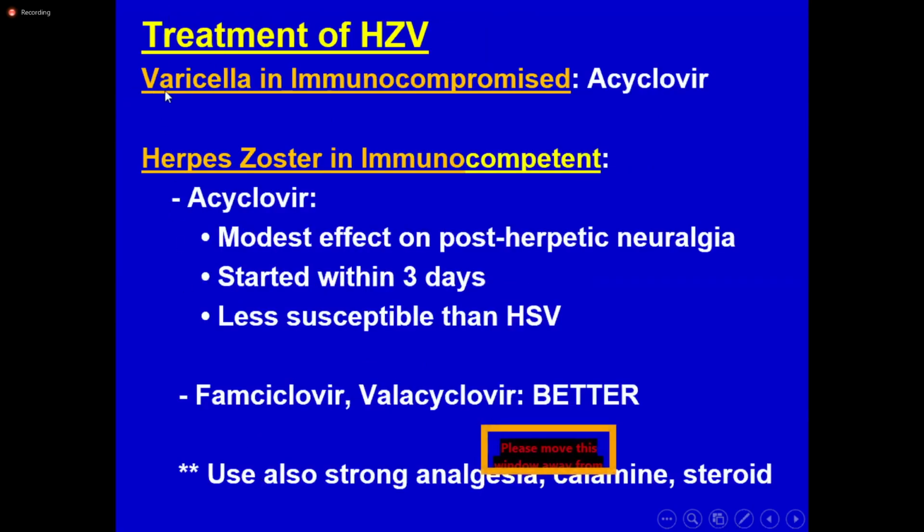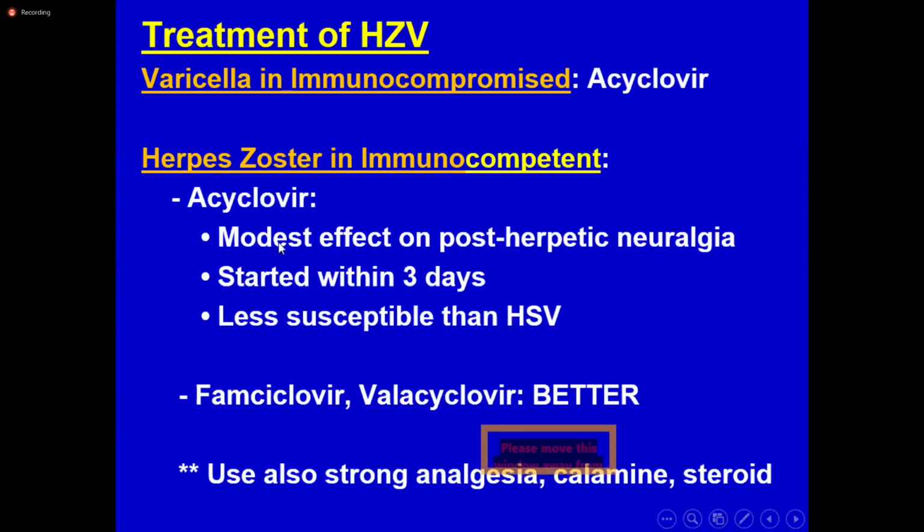Treatment in immunocompromised patients is acyclovir. In immunocompetent patients, those with good immunity, acyclovir has a moderate effect on post-herpetic neuralgia; if you start within the first 3 days, it will be very effective.